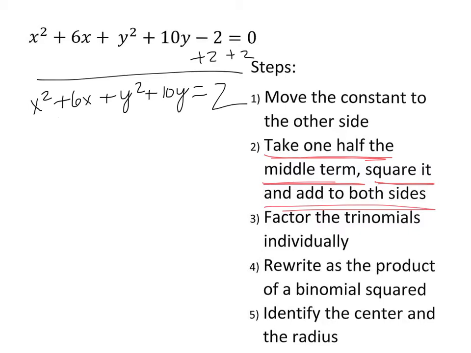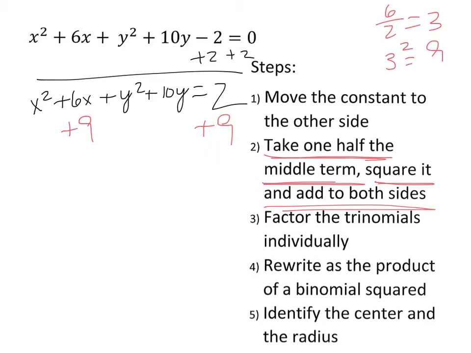So I'm going to take 1/2 of 6. 6 divided by 2 is 3. And I'm going to square it and get 9. So I'm actually going to add 9 to both sides of the equation. Now I'm also going to, at the same time, take 1/2 of the positive 10y, square it, and add it to both sides.